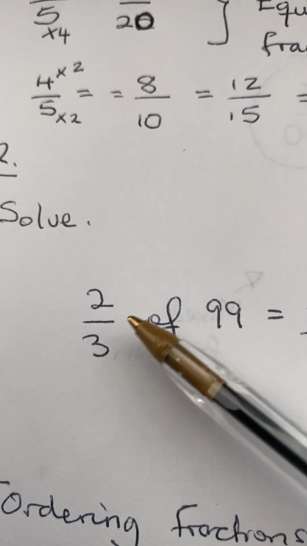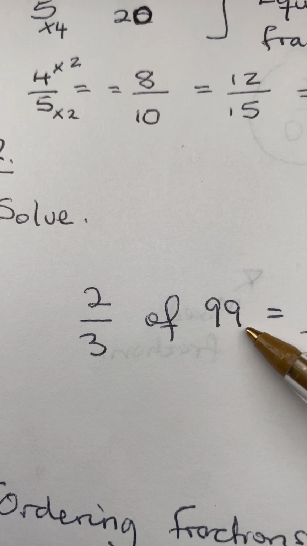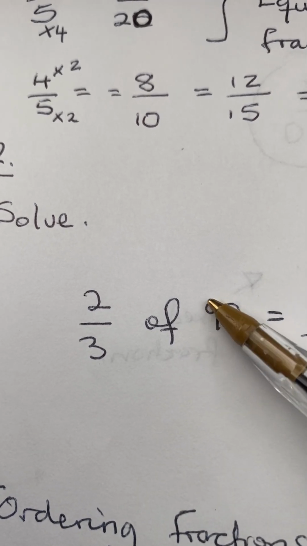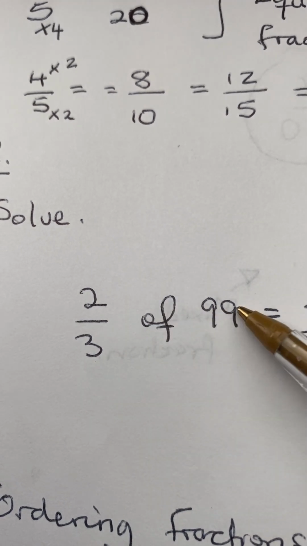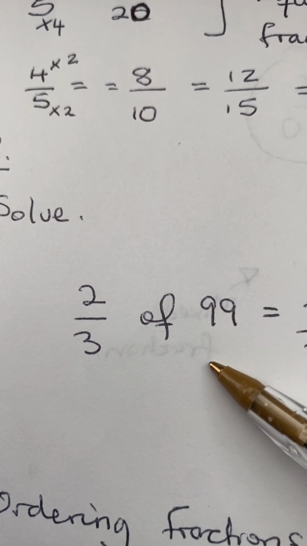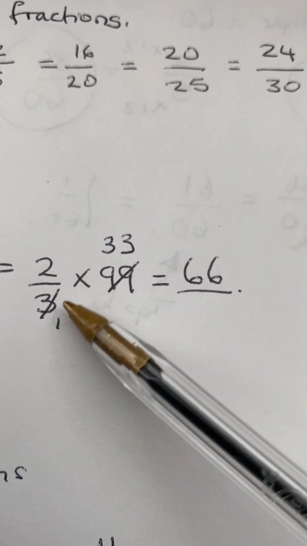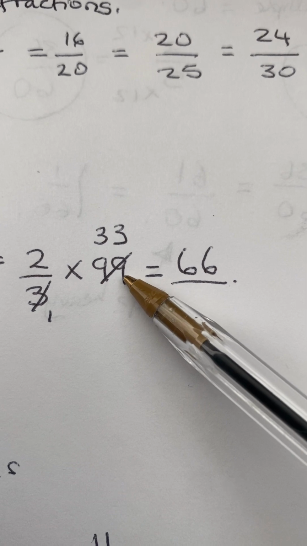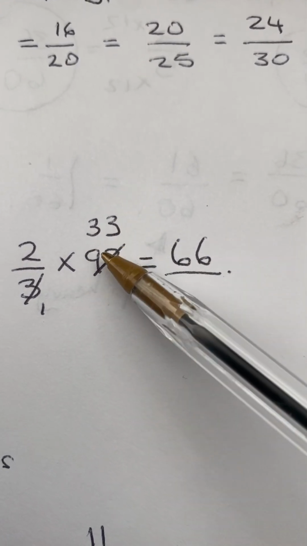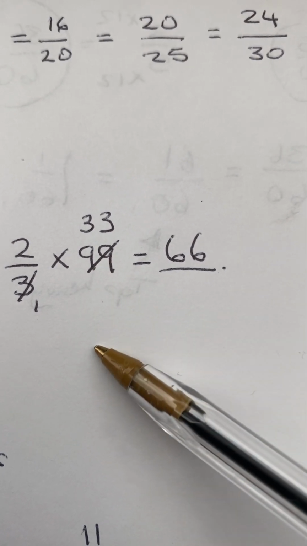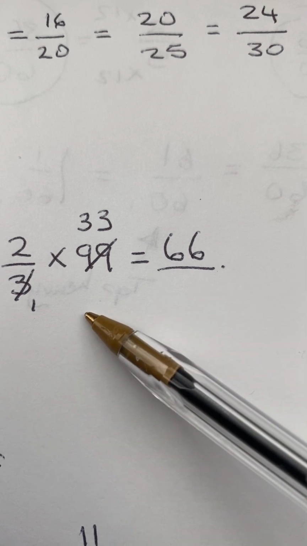I showed you how to do it on the calculator, and also how to cancel out or multiply the numerators and the denominators. So here, 2/3 times 99. Remember, this 99 can be written as 99/1, so that we don't miss the numerators and the denominators.